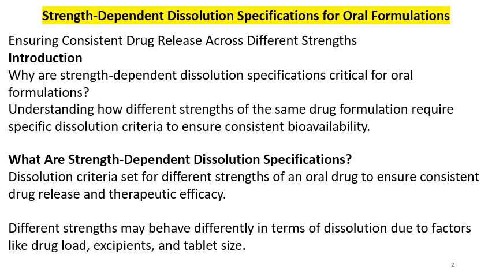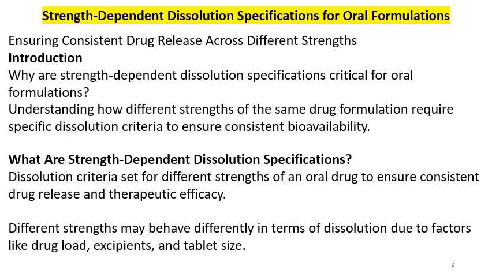Generally, the lower strengths are having higher or faster dissolution compared to the higher strength, and that is because there is a different drug load, different amount of excipients, increased size, and difference in the shape.